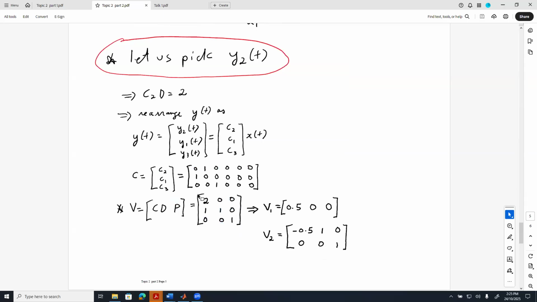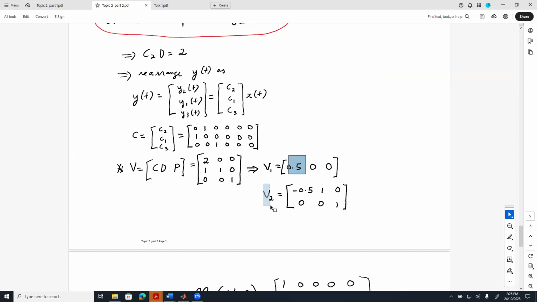And because it's in this form, we can easily take the inverse, and we obtain matrix V1 in this simplest form. It has one non-zero element. And likewise, we can obtain matrix V2.